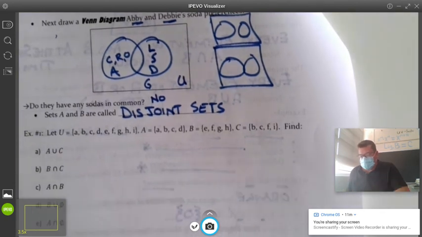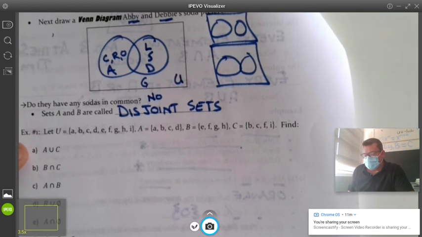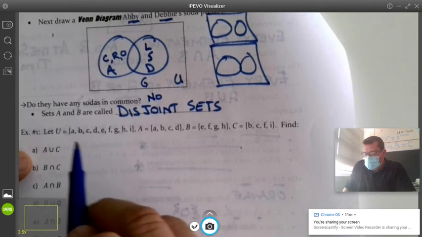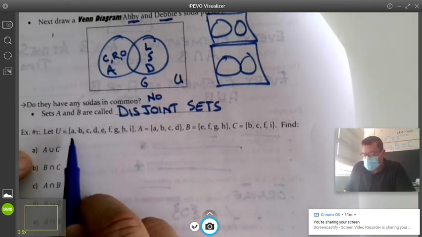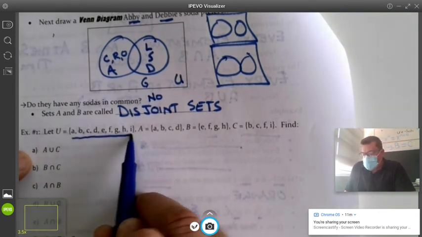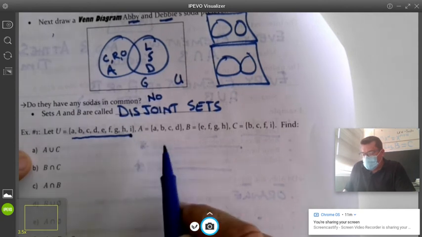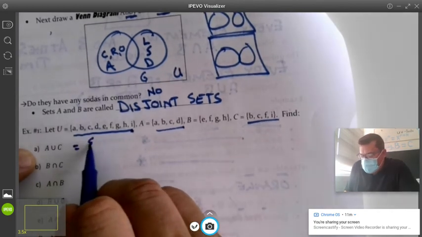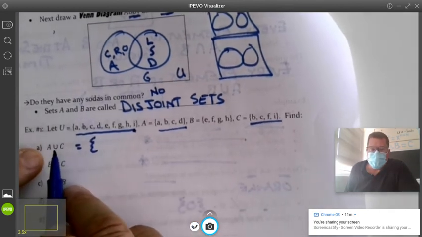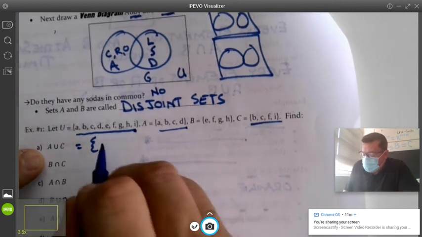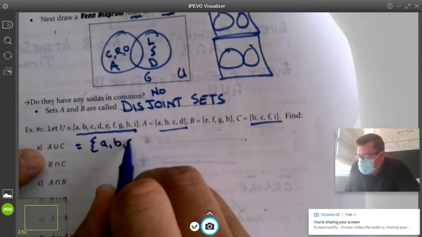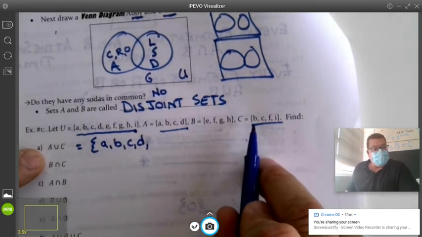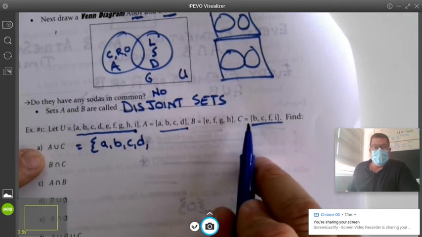Let's try to answer a couple of questions from problem number 1 and 2 here. Find the union between A and C. Union is the easier of the two, I think. Here are all the letters we have to choose from. Here's A and here's C. So basically, you start writing them down, and union, keep everything you write. Writing down everything from A. Writing everything down from C, and then we keep it all.